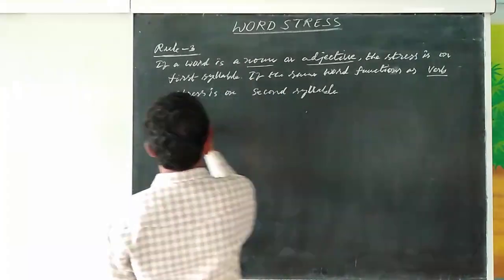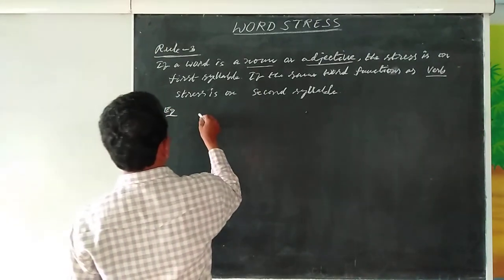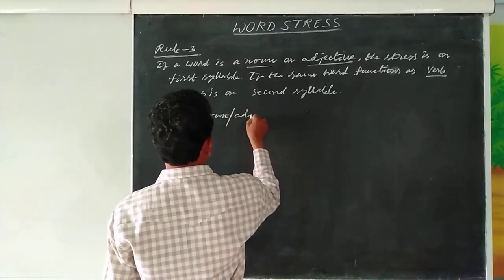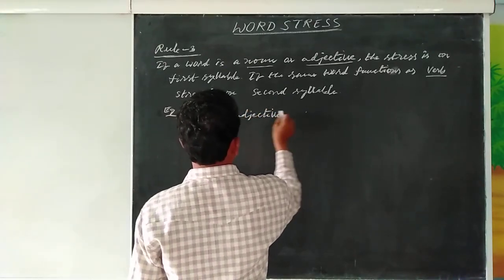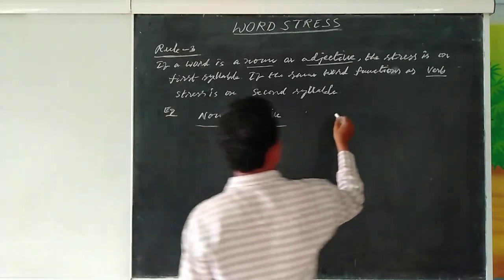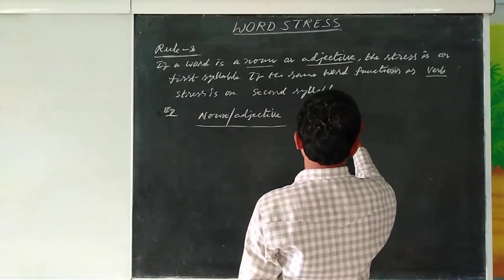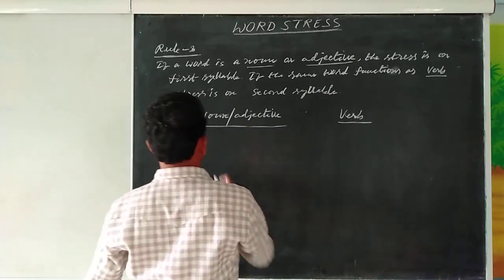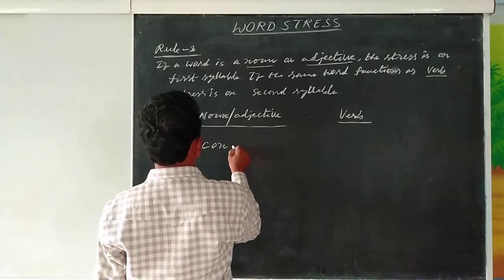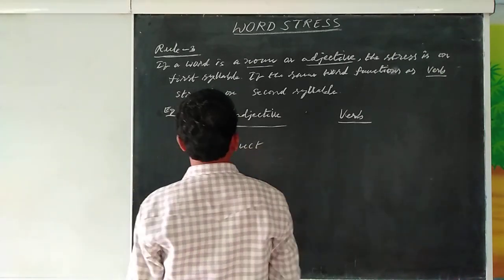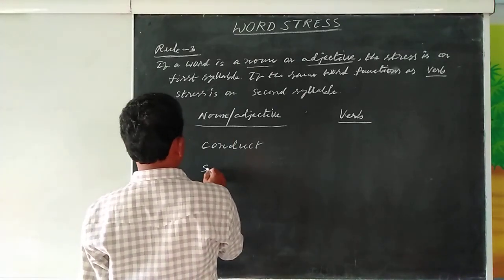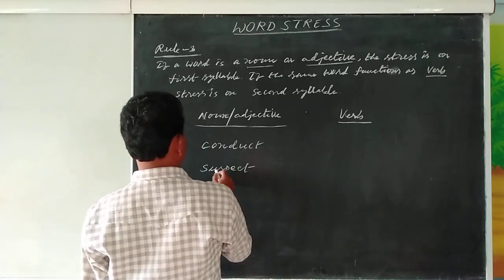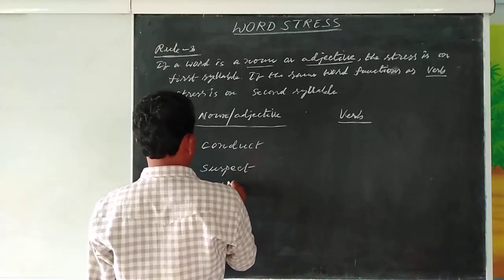Example. Noun or adjective. Here let me write the words. One side is noun and adjective, another side verb. Same word, same word. C-O-N-D-U-C-T. Suspect. Subject.